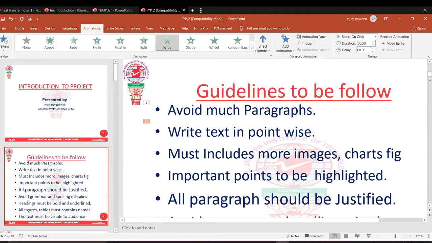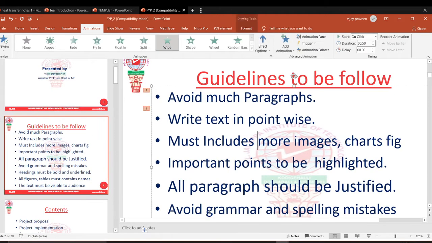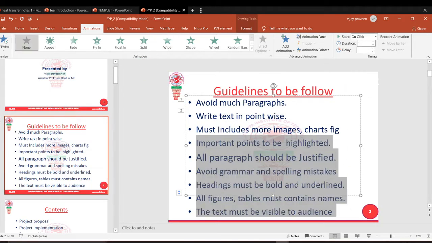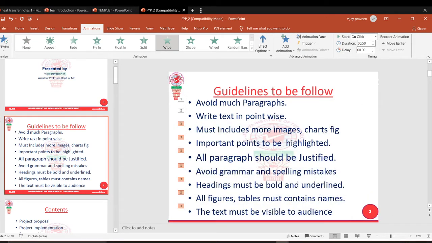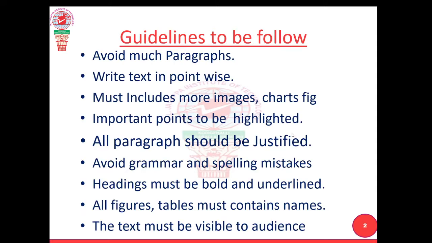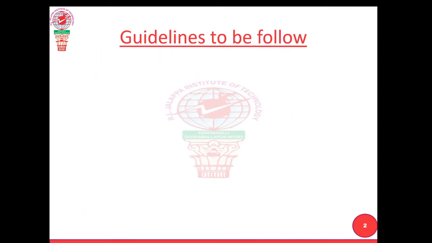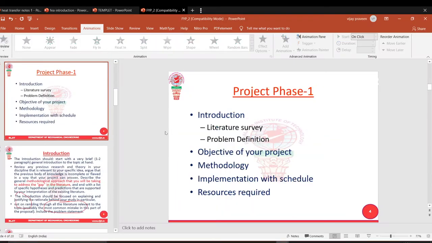I want to apply this to every text in this slide point. So I will select the entire text, go for add animation, and go for this one. So what happened here, you can see 1, 2, 3, 3, 3, 3, 3, 3, 3 is there. That means if I switch on the slideshow, 1 will be visible first, second comes, after that all the points come at a time.